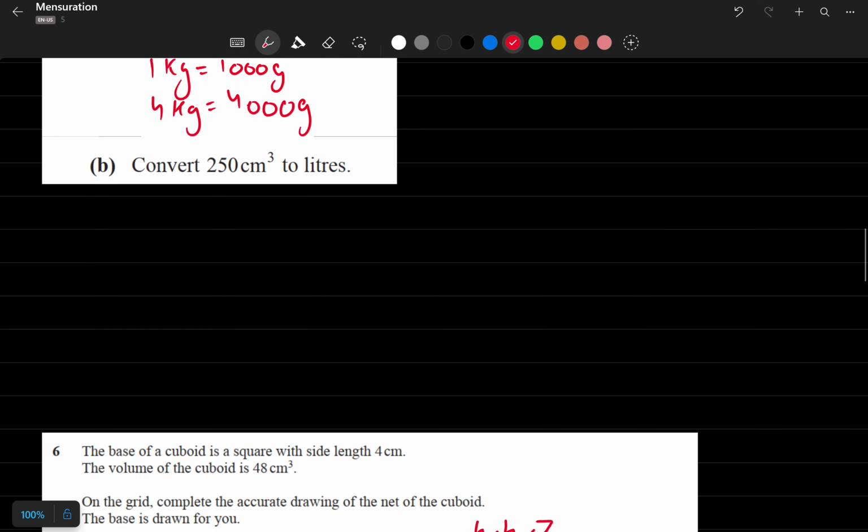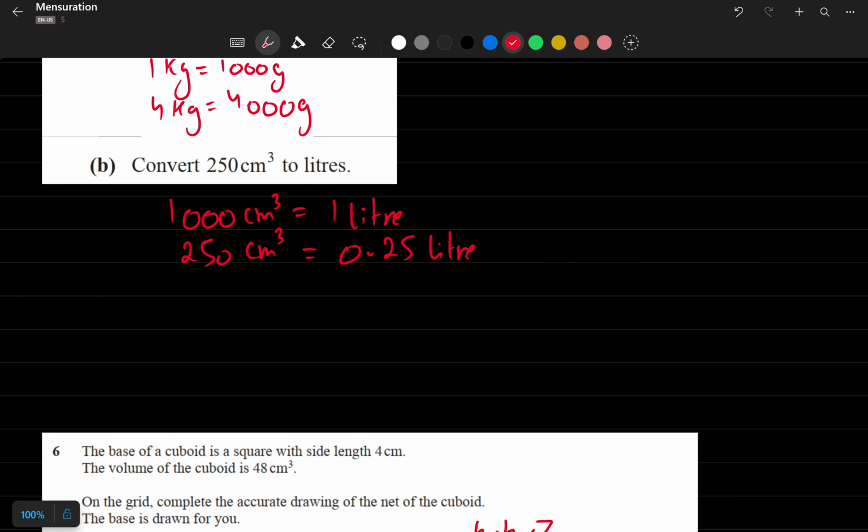The B part says convert 250 centimeter cube to liters. Now you should know that 1000 centimeter cube is equal to 1 liter. So 250 centimeter cube will be equal to 0.25 liters.